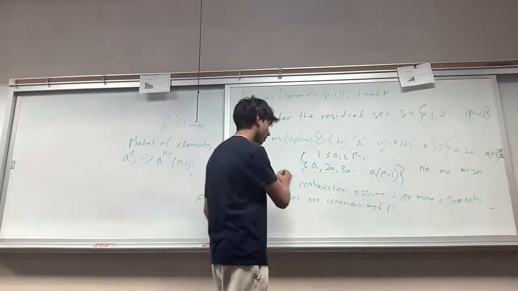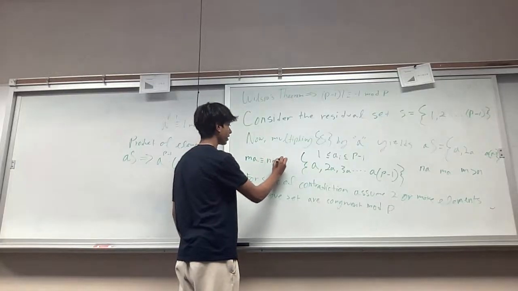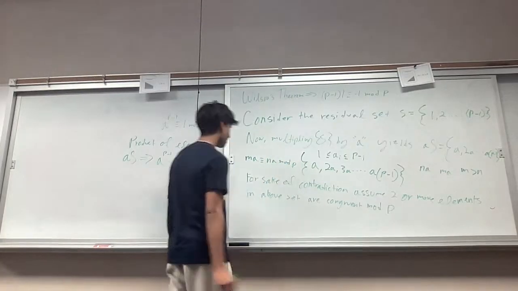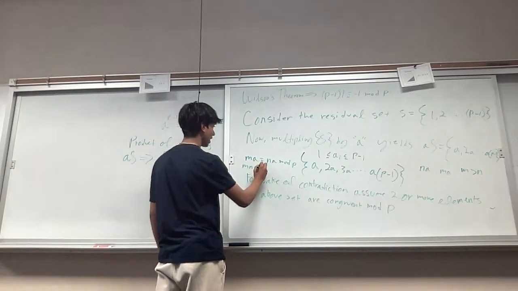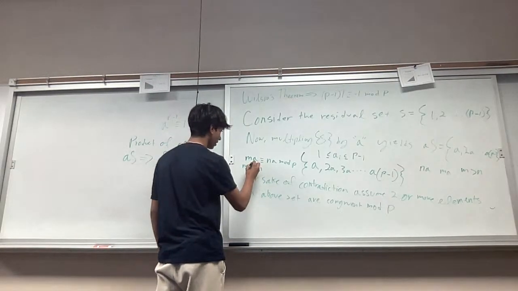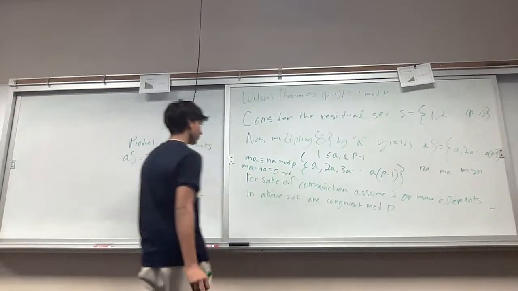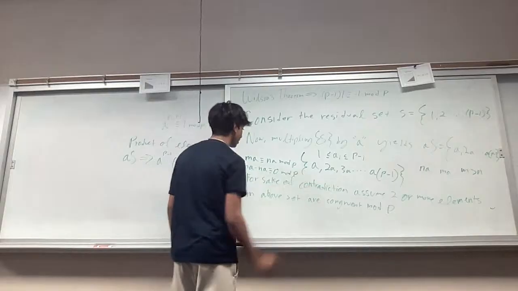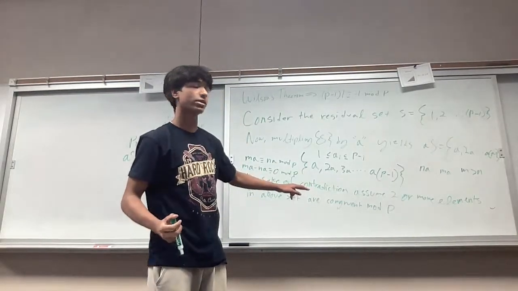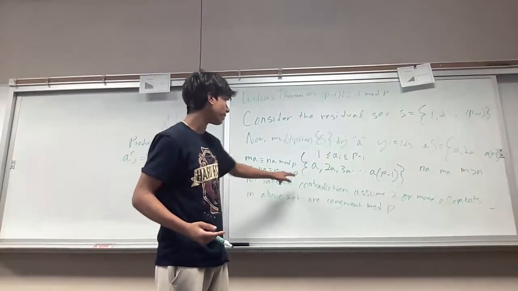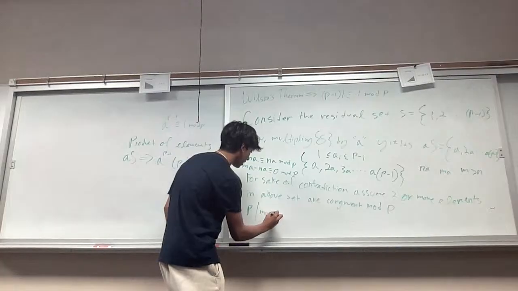Well, that would mean that MA is congruent to NA mod P. And then MA minus NA is congruent to 0 mod P. When something's congruent to 0 mod P, that means MA minus NA is divisible by P. That means P divides MA minus NA.